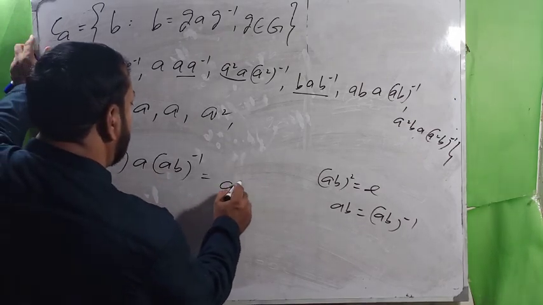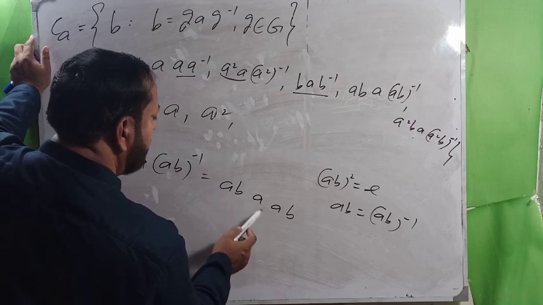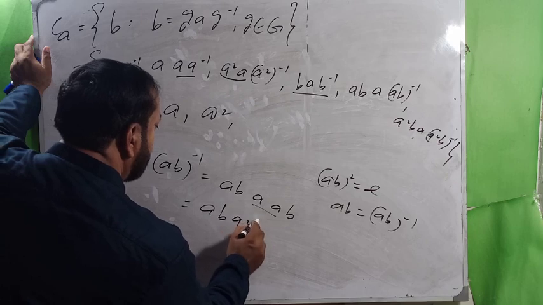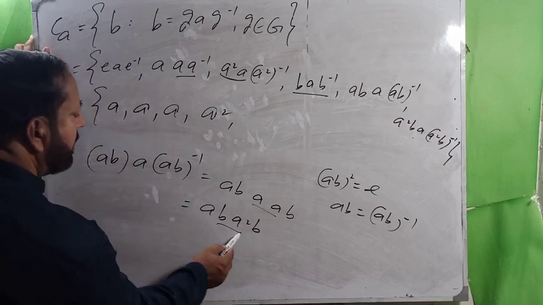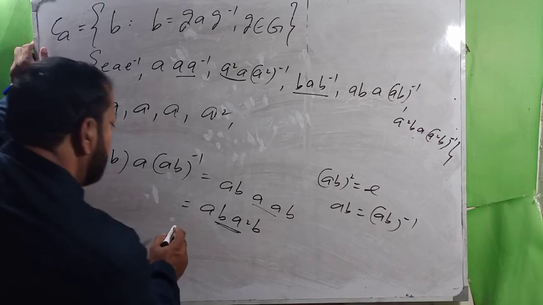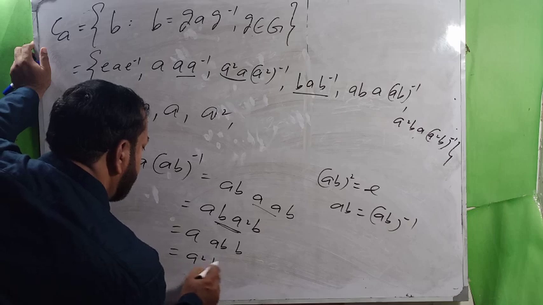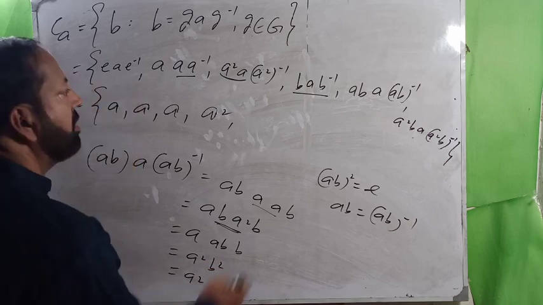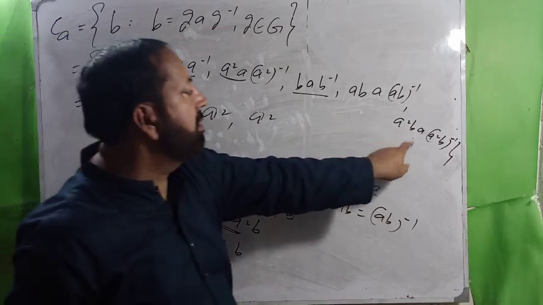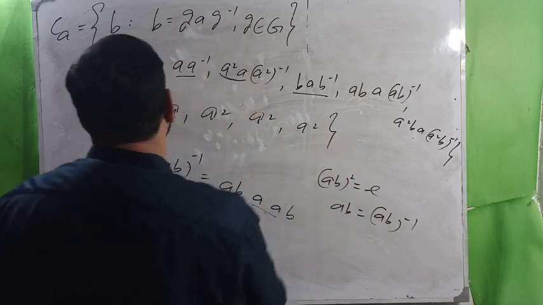So this is equal to AB, A square, B. And we just established that BA square is equal to AB. So this is equal to A, B. This is equal to A square, B square, and this is equal to A square. So this is also an element A square. Similarly, we can find this, and you will see that this is also A square.